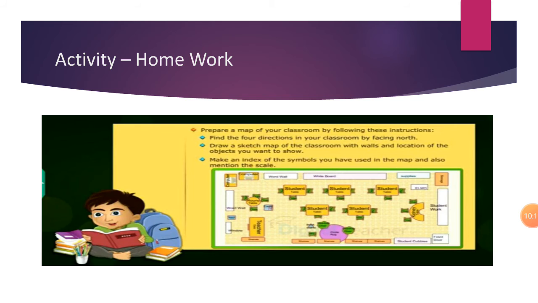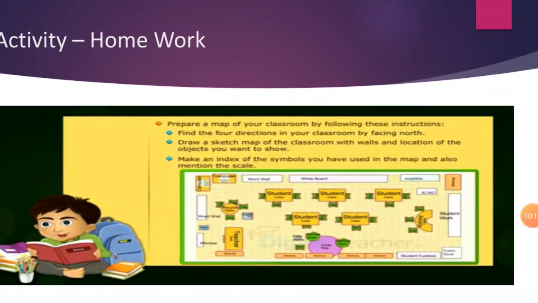Next, prepare a map of your classroom by following these instructions. Find the four directions in your classroom by facing north. Now you are at home, so instead of the classroom you can take your bedroom or your drawing room.